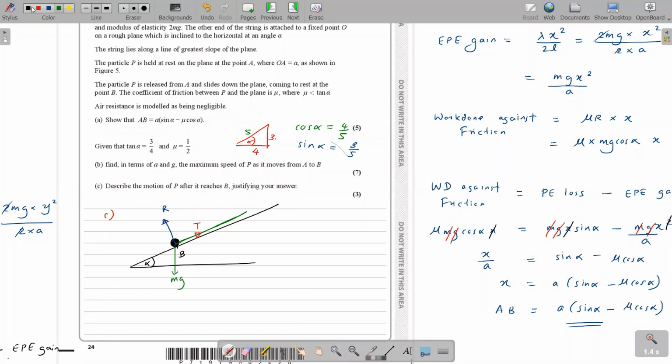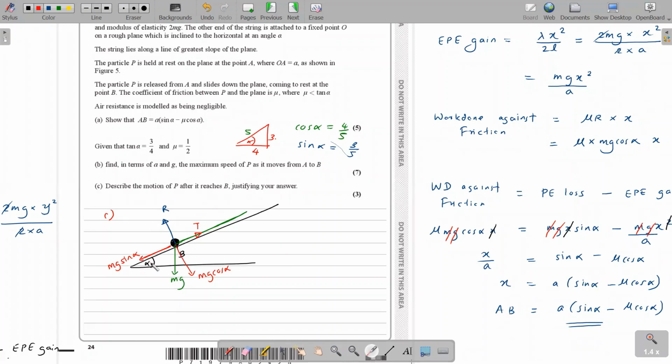So we need to work with the weight components, which are mg cos alpha, and the special one that we need here is mg sin alpha. These directions are fixed, the tension and the mg sin alpha. If you are trying to move up, then the friction is opposing, so friction will try to act downwards.